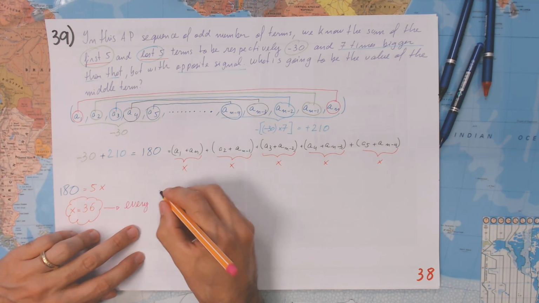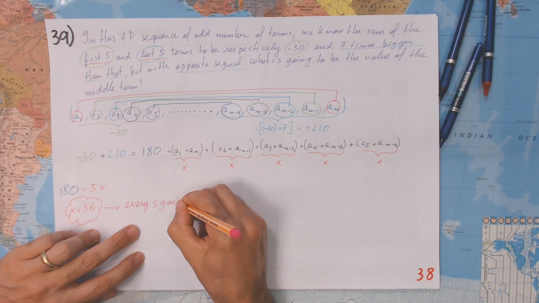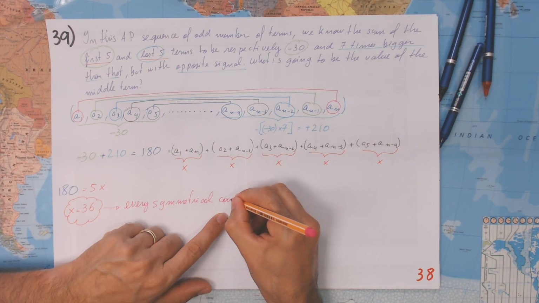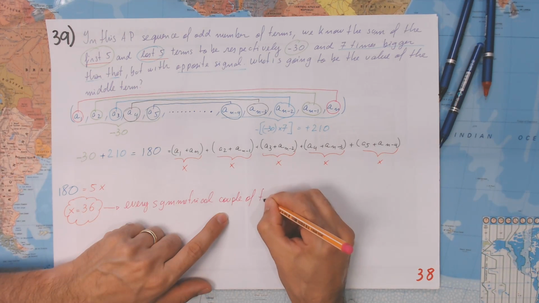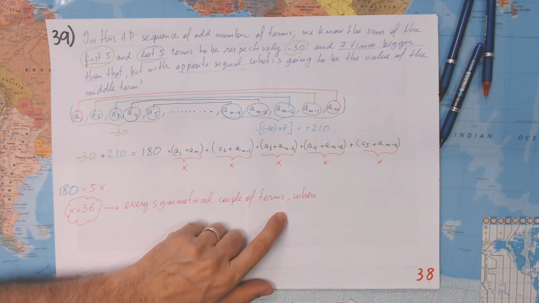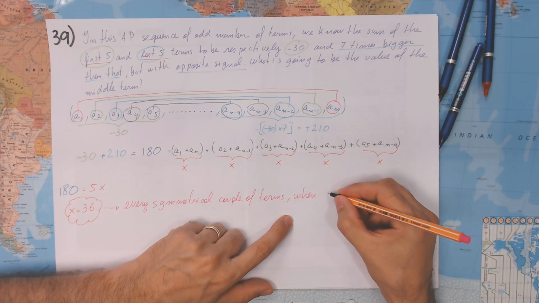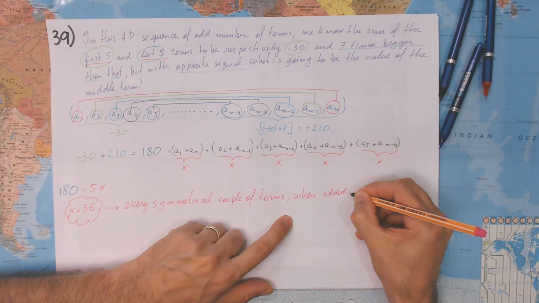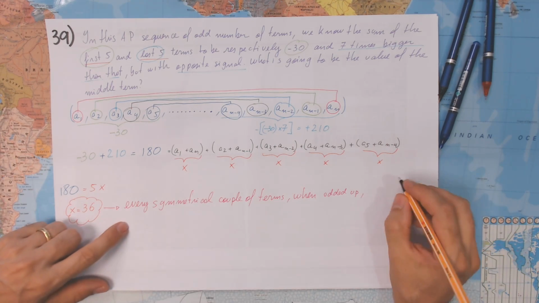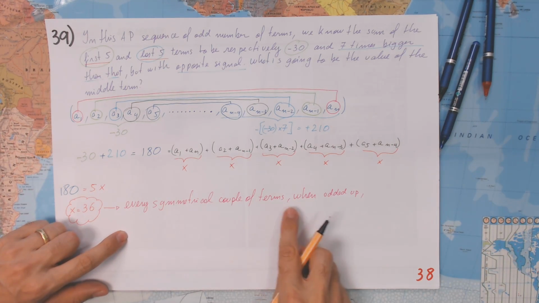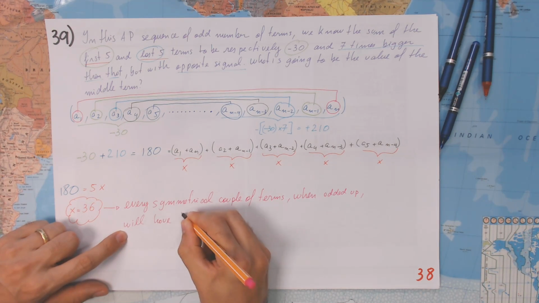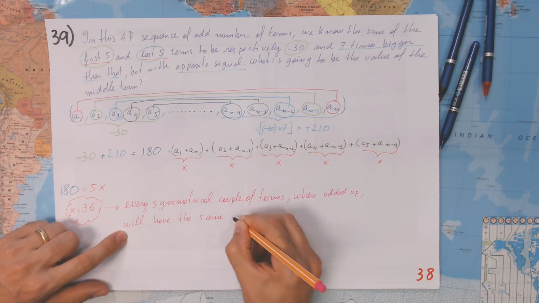Every symmetrical couple of terms, when added up, when I just sum those couples, will have the same sum.